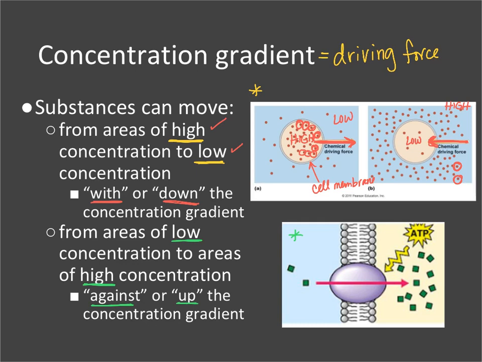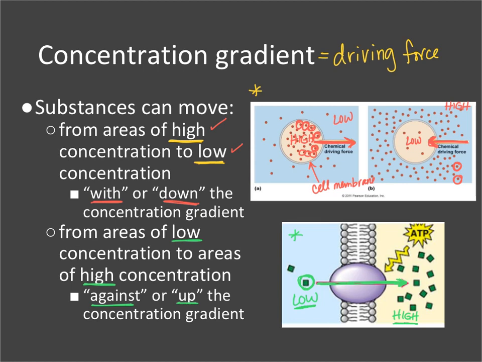You can see here that we have a low concentration on the left side of the cell membrane and a higher concentration on the right side. So in this case, this substance or molecule is actually being transported from a low concentration area to a high concentration area. So it's going up or against the concentration gradient.